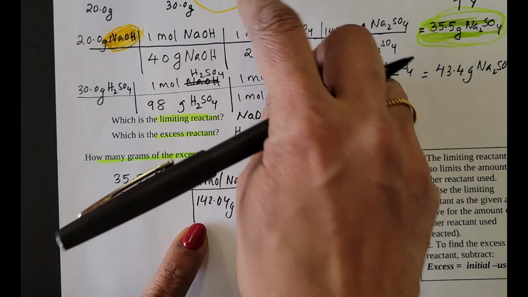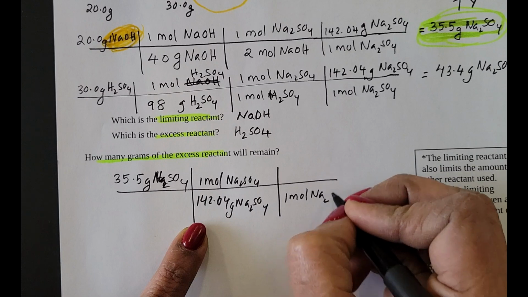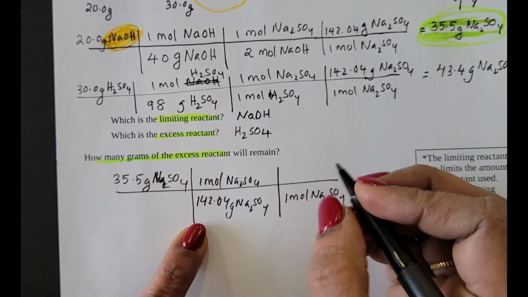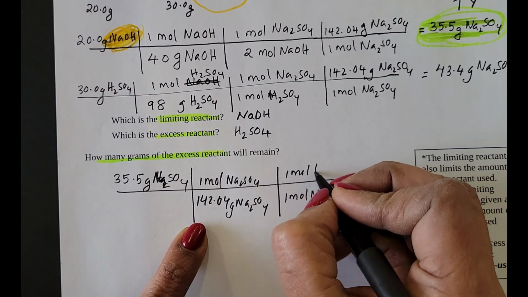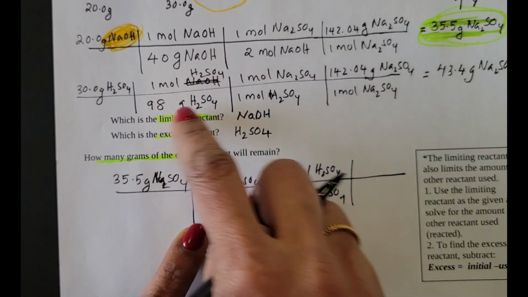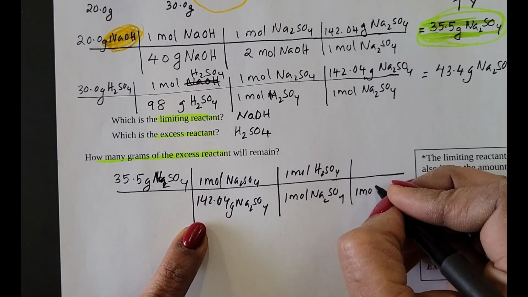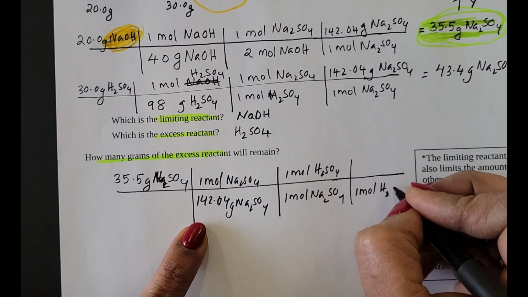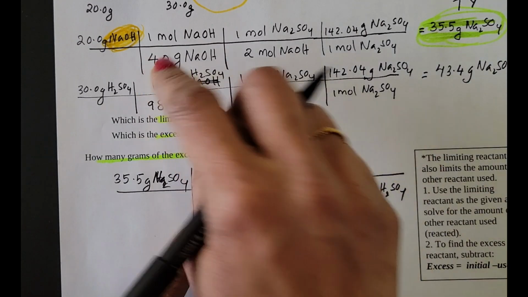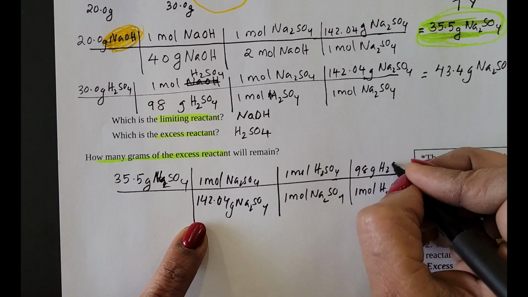Then, from the equation, 1 mole of sodium sulfate needs 1 mole of sulfuric acid. You don't need to do any molar mass calculation. You can just use it from the previous T-chart. So then 1 mole of sulfuric acid will be 98 gram of sulfuric acid. That's one way to do it.